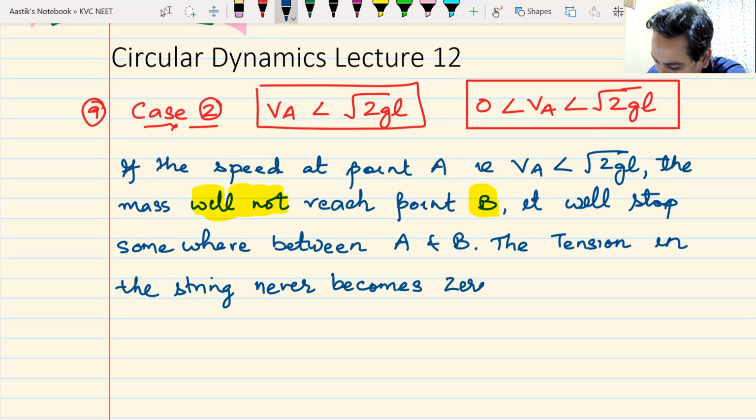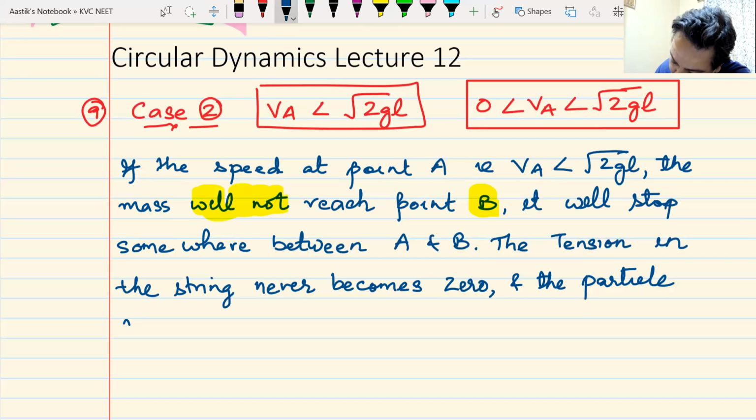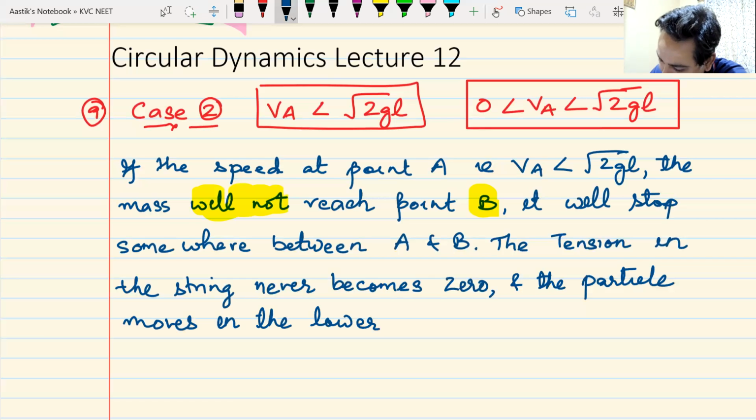The tension in the string never becomes zero, and the particle moves in the lower half. And the particle keeps on moving in the lower half. It is as simple as this.